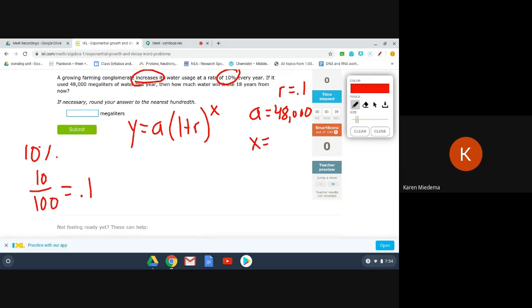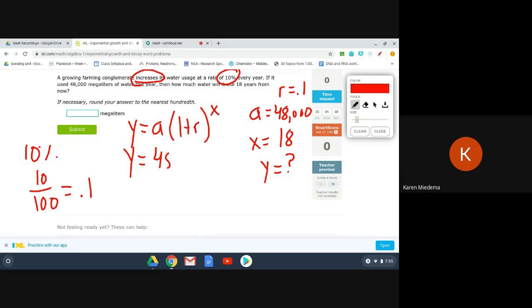Well, x represents your time interval, which is going to be 18. The question says, how much water will it use 18 years from now? We're trying to find out the total amount of water that will be used. So we don't know what y is. So that's what we're solving for. So I'm going to keep y in my equation because that's what we're solving for.